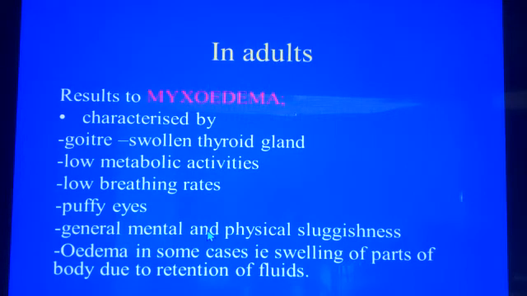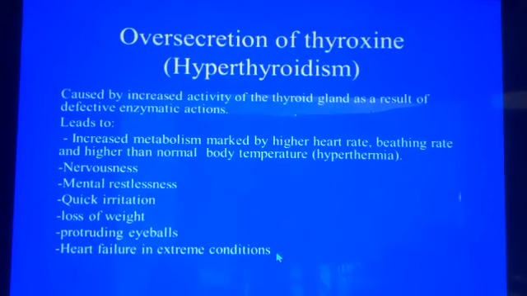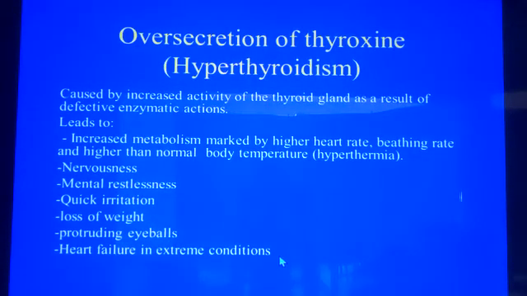But apart from goiter, there are other features, or symptoms, that might show insufficient secretion of thyroxine, for example, puffy eyes, low breathing rates, and then edema, amongst others. Remember, some of these you'll be able to get in the notes that will accompany the video.